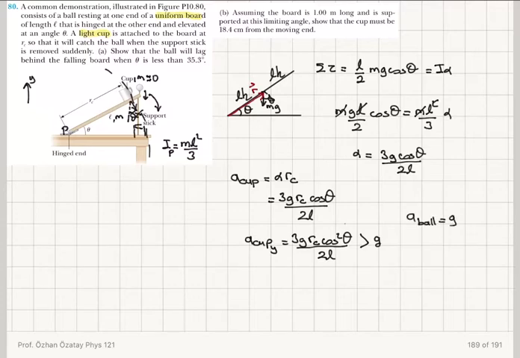The acceleration of the ball is going to be equal to g. So I will find that cosine square theta should be greater than 2L divided by 3rc.